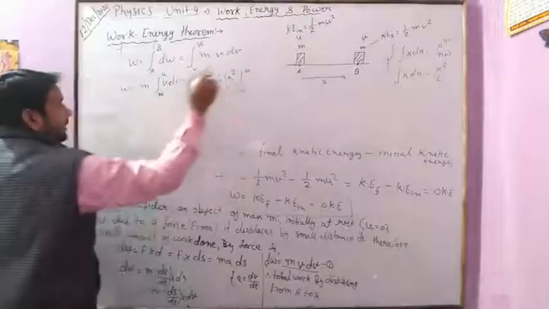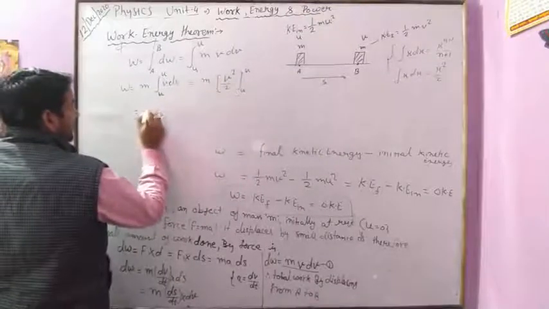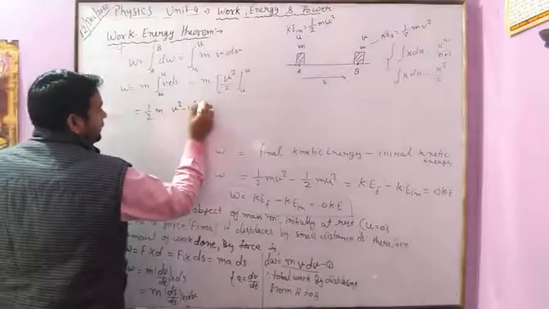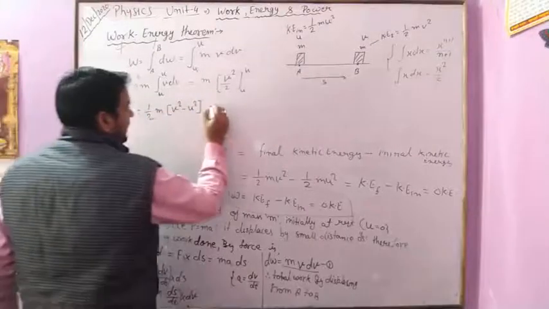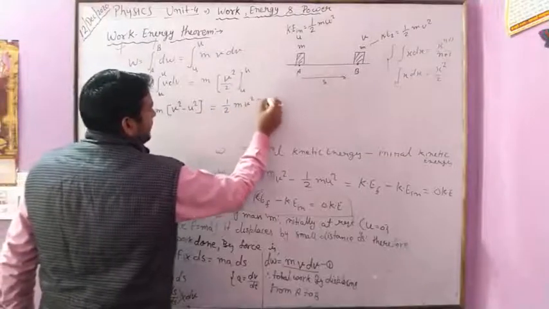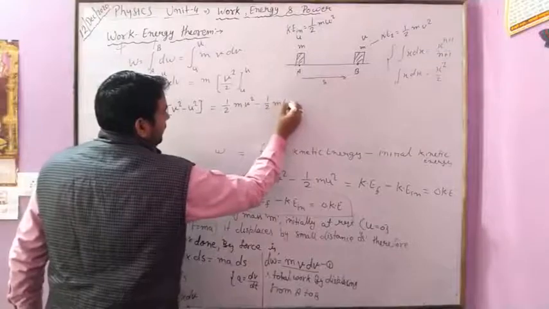Now by using the limit, we get half m, v square minus u square. By multiplying inside, we get half m v square minus half m u square.